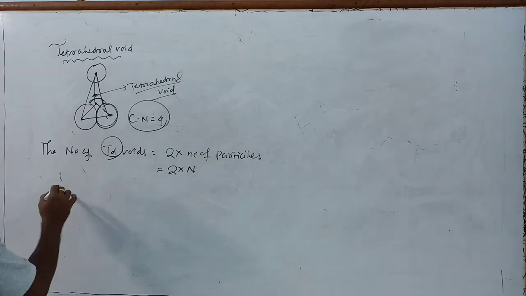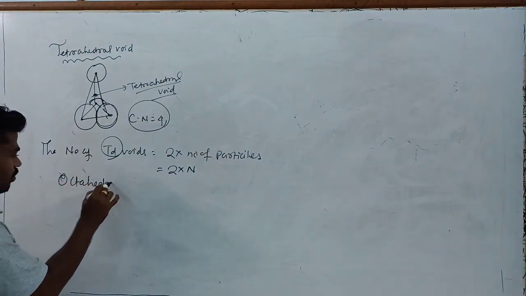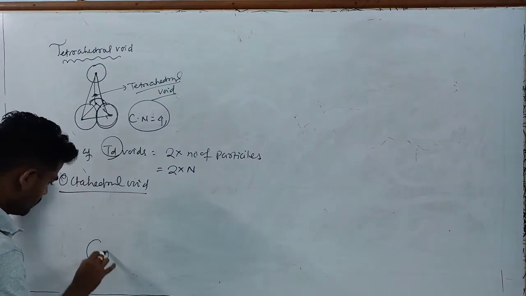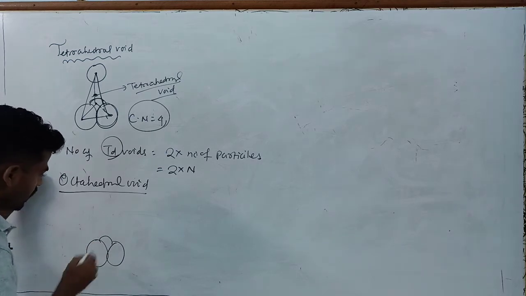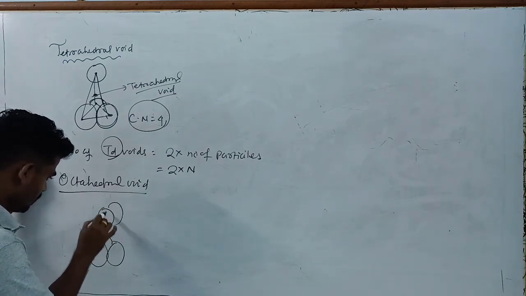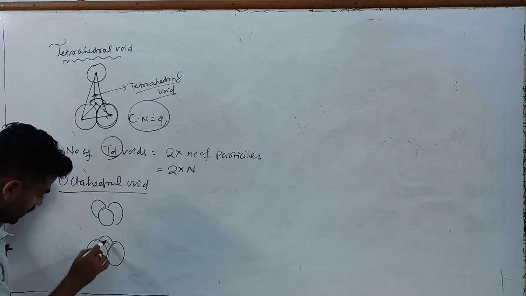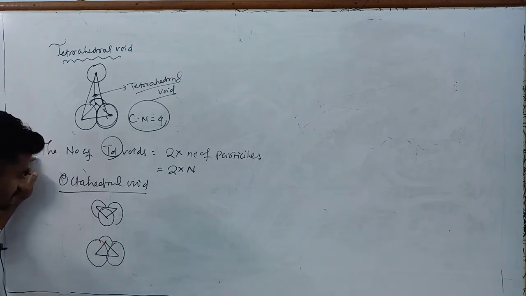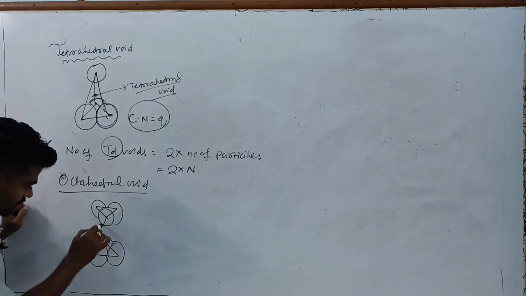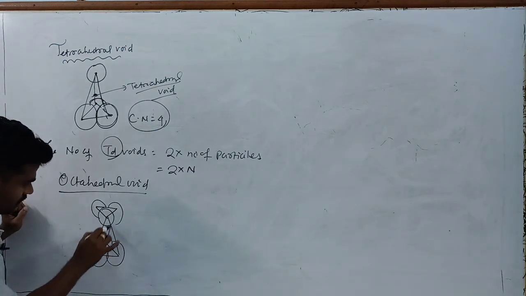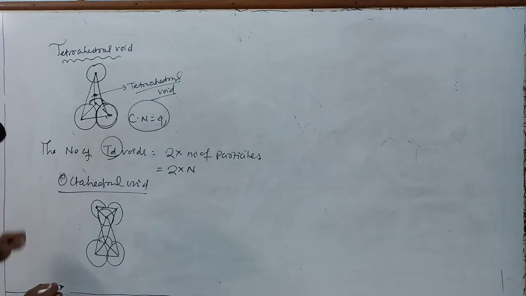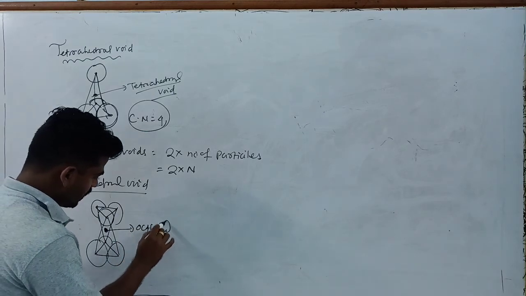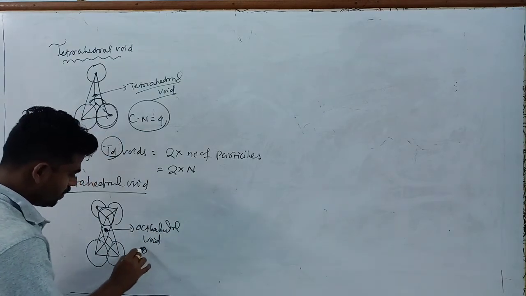Okay. Again, the second type of void that we have got, octahedral void. How have we got it? Just see, these are the 3 spheres, and another 3 spheres that are opposite. If you join the centers of these spheres, you see that is called opposite apex of a triangle. So if you join all these apexes, that will be your octahedral void.